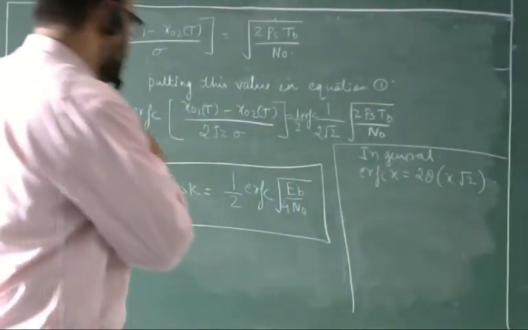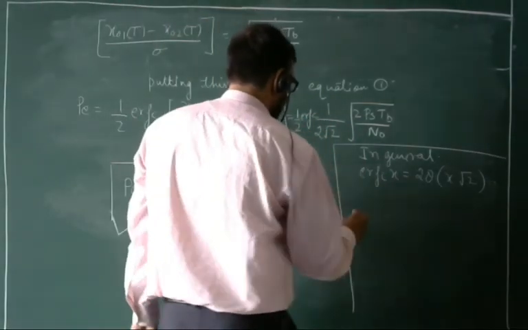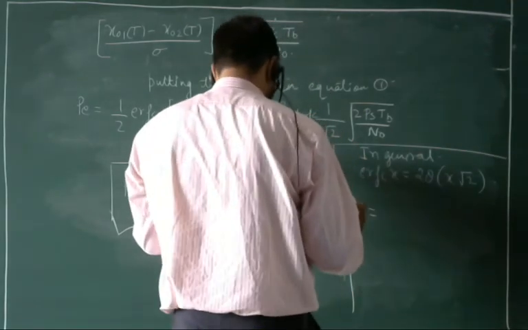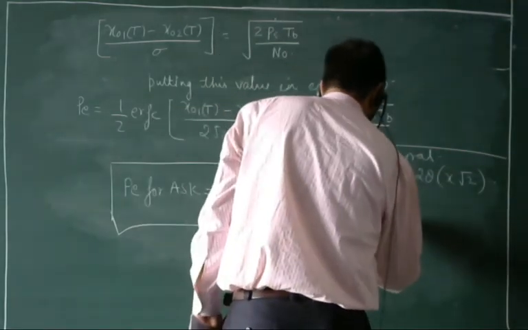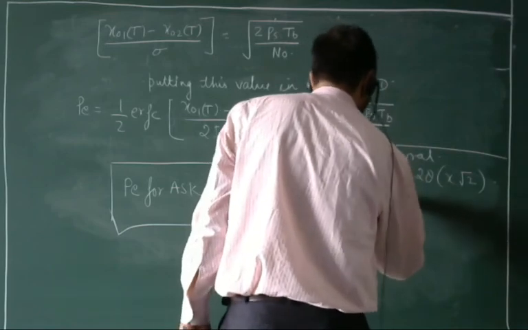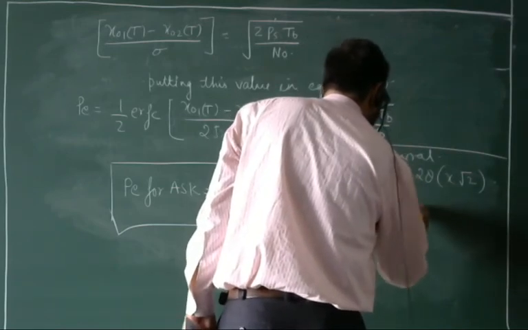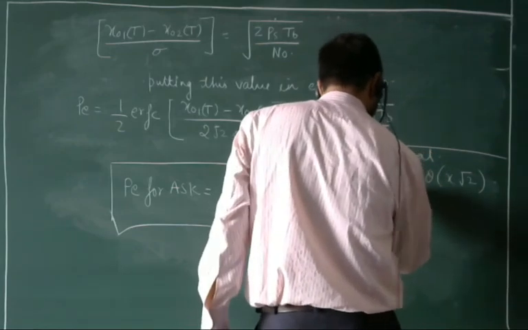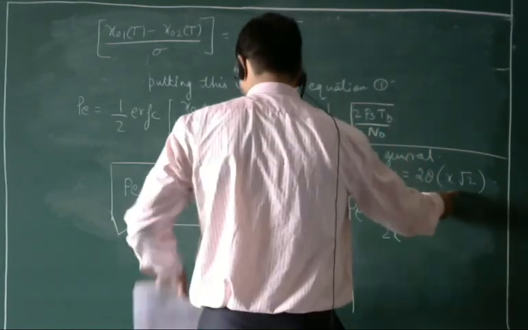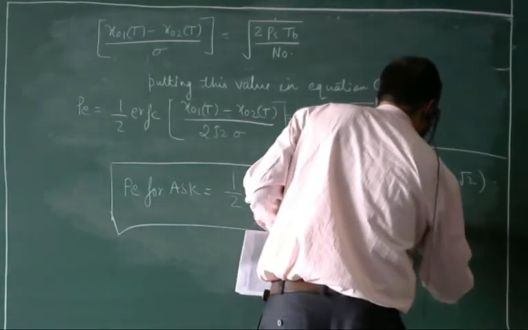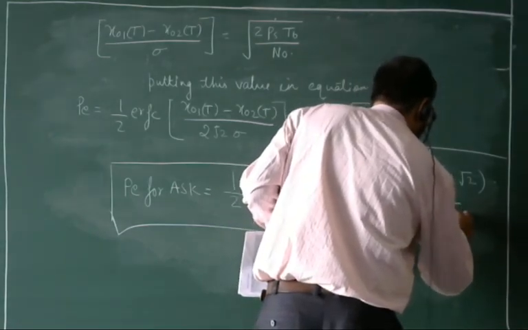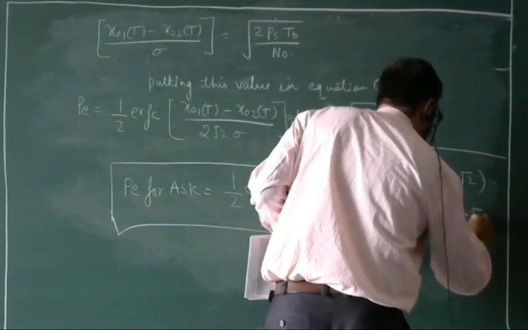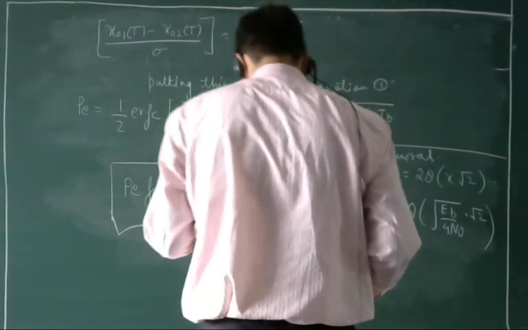Now by using this formula we get Pe is equal to half 2Q, in place of x write under root Eb upon 4 N naught into root 2.